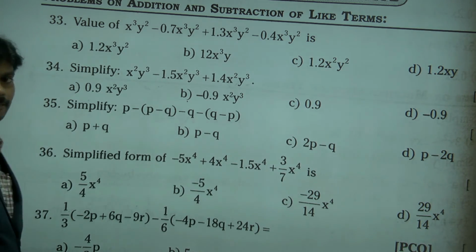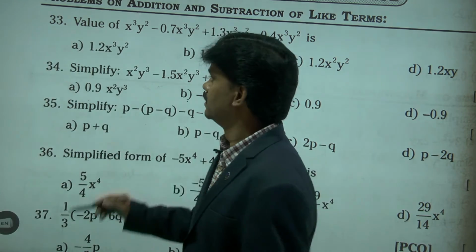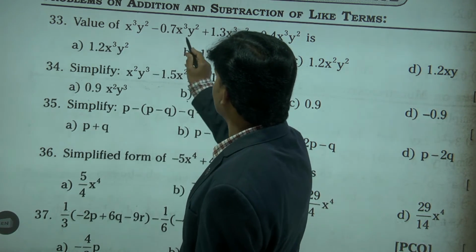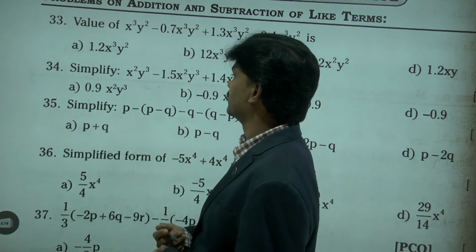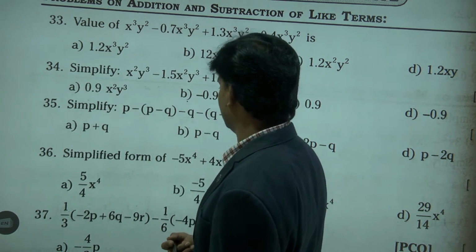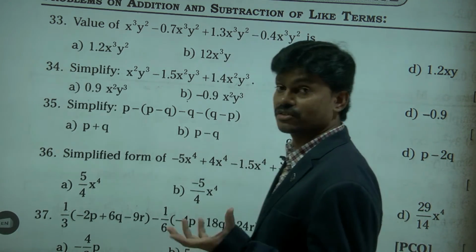So in this one, x power 3 y power 2, x power 3 y power 2, these all are like terms, right? So these all are like terms we can add, but let us do it carefully.